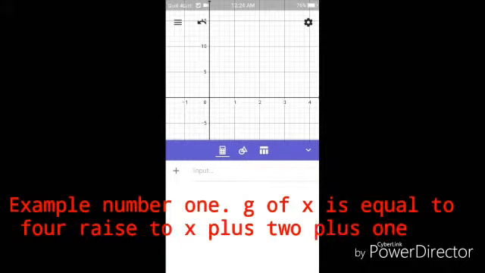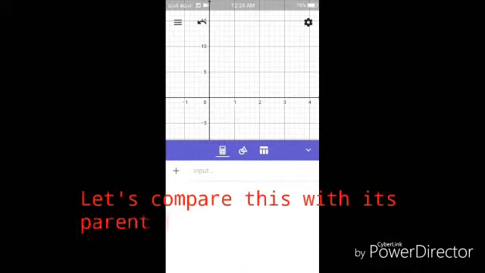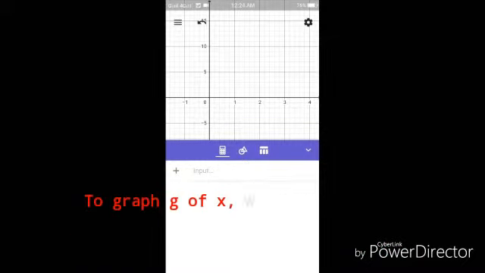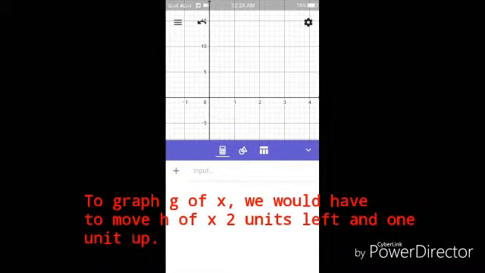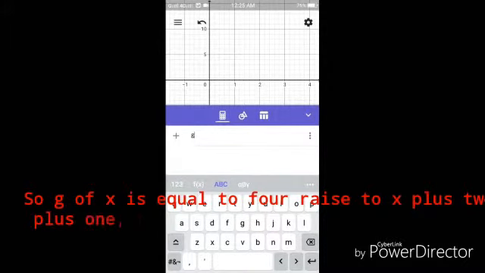Example number 1. g of x is equal to 4 raised to x plus 2 plus 1. Let's compare this with its parent function, which is h of x is equal to 4 raised to x. To graph g of x, we would have to move h of x 2 units left and 1 unit up.